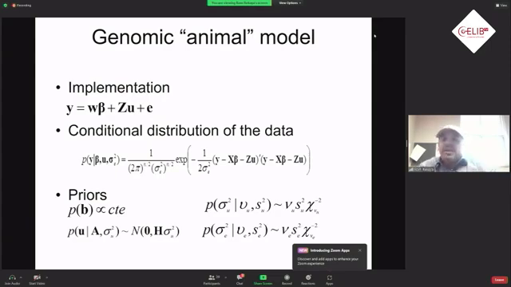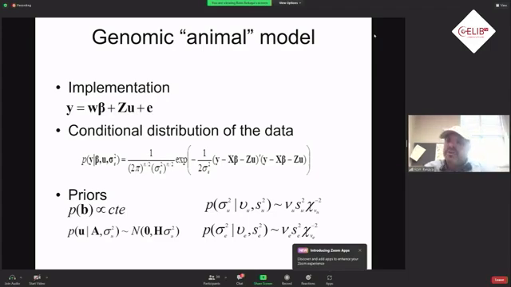So this is the mechanics of implementation. What I want you to take a look at is just the equation where you have P of u given A sigma u squared. That will be the only difference from the classical pedigree-based evaluation. When we use only pedigree, in the classical evaluations, rather than H we put A, and A is the expected additive relationship between animals, computed based on the pedigree or genealogy file.